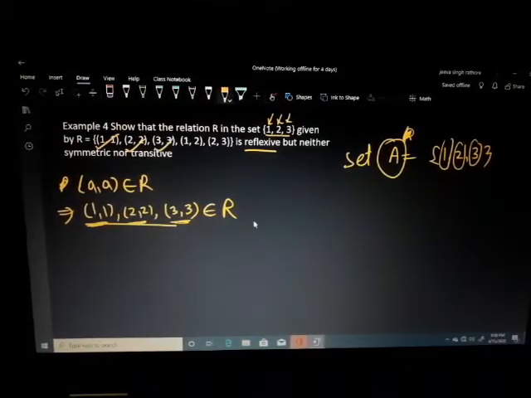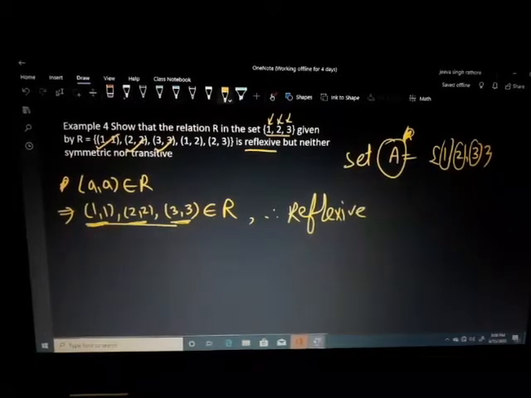That's why this is a reflexive relation. Next, we have to check whether it is symmetric or transitive.